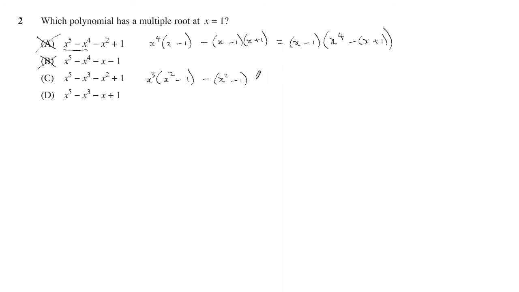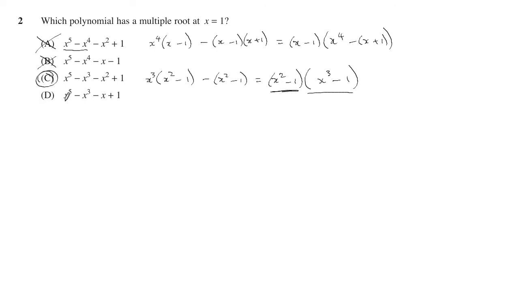And then we can take out the x squared minus 1. And now you can see if you plug x equals 1 into here, you actually get 0. So that means that it's a root of this part and of that part, so that one's good. That's actually the one with the multiple root, so it'll be C.